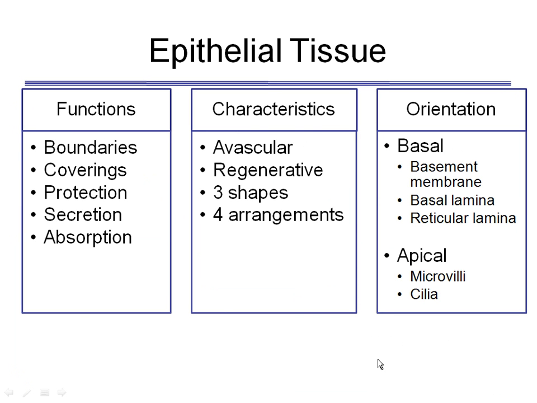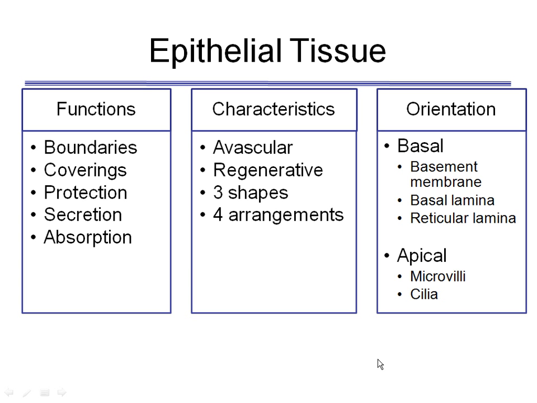So epithelial first. Function-wise, epithelial tissue is boundaries, coverings, and protection, as well as secretion and absorption. Epithelial tissue is like the outer surface of your skin. It's the tissue you find on the surfaces of organs and lining tubes. So it's the inside lining of your heart, the inside lining of all your blood vessels, the inside lining of your reproductive, urinary, and respiratory tracts.